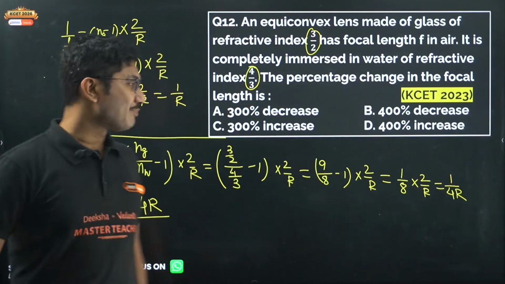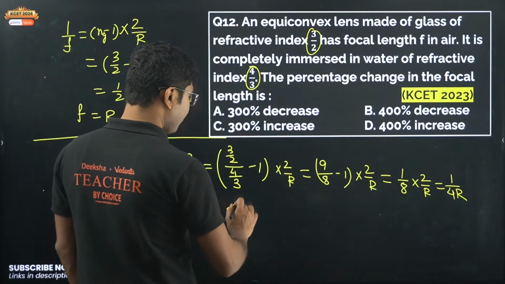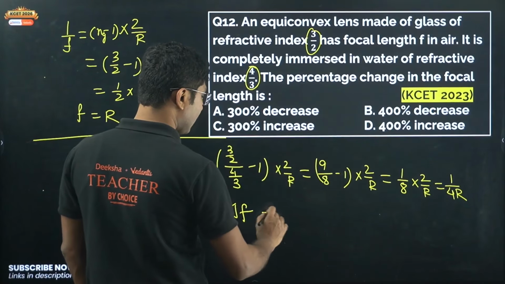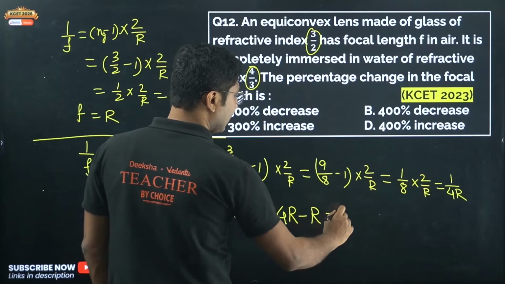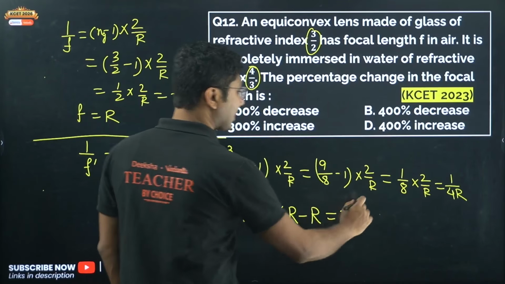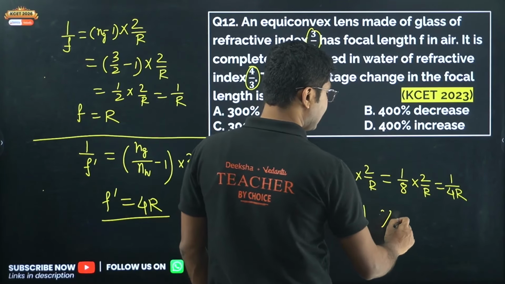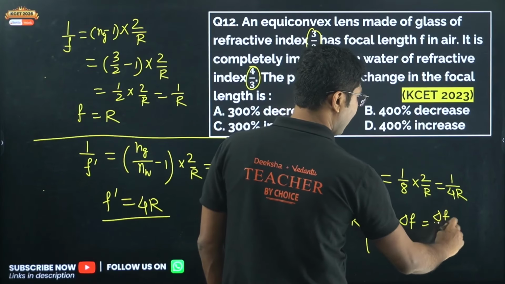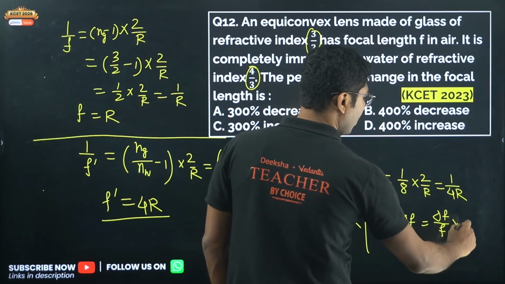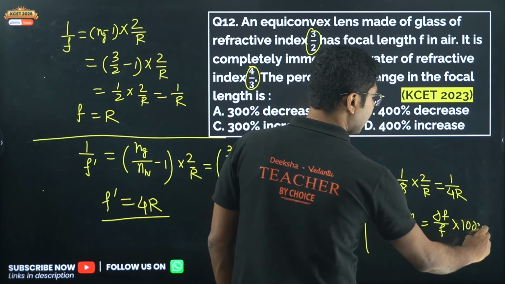So what will be the percentage change in focal length? First of all, let us calculate the change in focal length. Change in focal length is final focal length minus initial focal length, that is 3r. Now what is the percentage change? Percentage change is given by delta f by f into 100%.